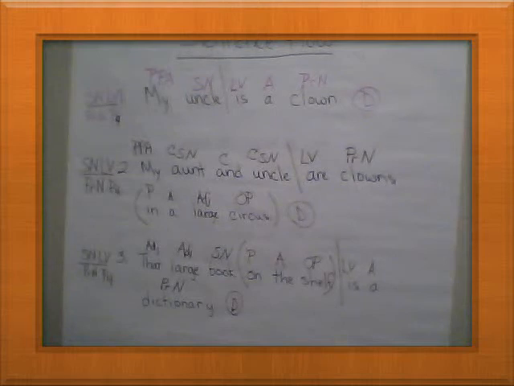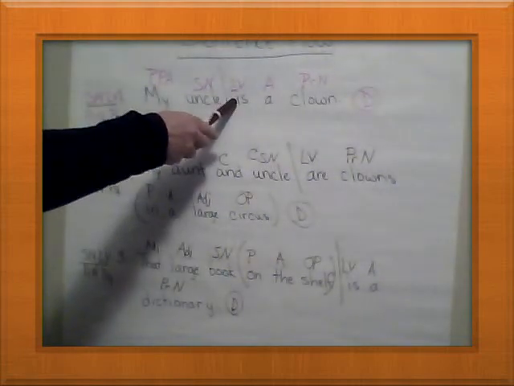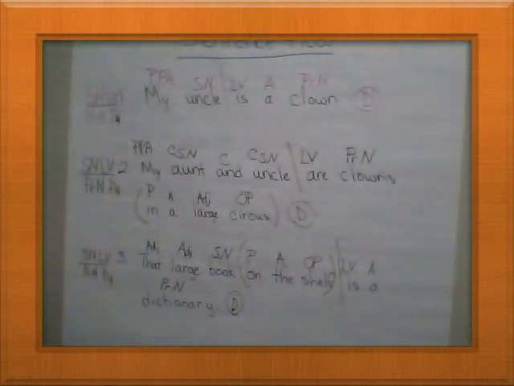Here's a big word for you. To find a predicate noun or pronoun, ask what or who after the verb. A linking verb is a verb that expresses a state of being. It is not an action verb. Our linking verbs: am, is, are, was, were, be, being, been.